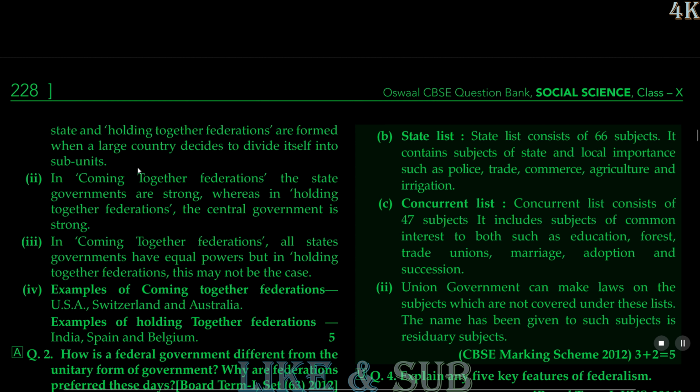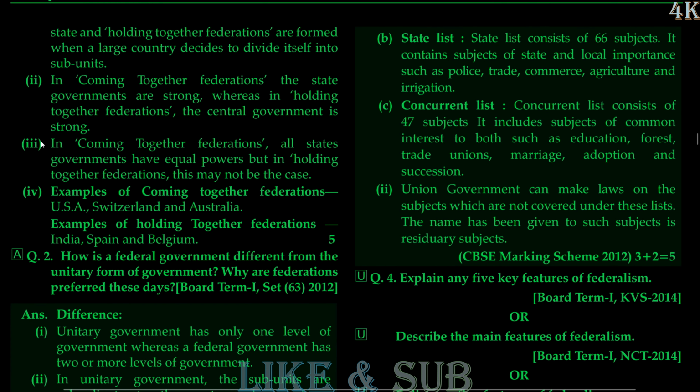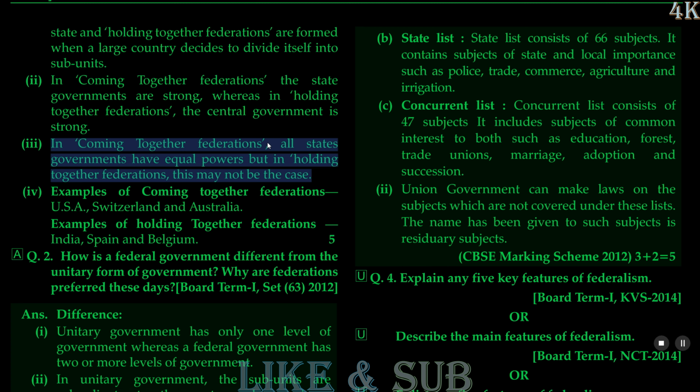In coming together federations the state governments are strong, whereas in holding together federations, the central government is strong. 3. In coming together federations, all states' governments have equal powers, but in holding together federations, this may not be the case.